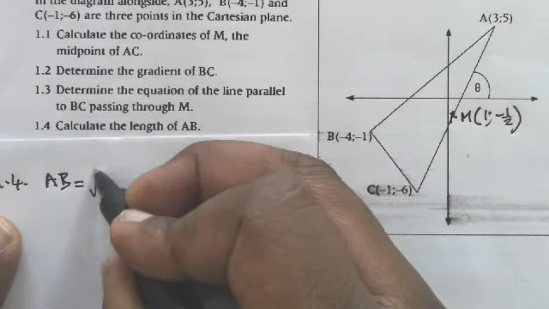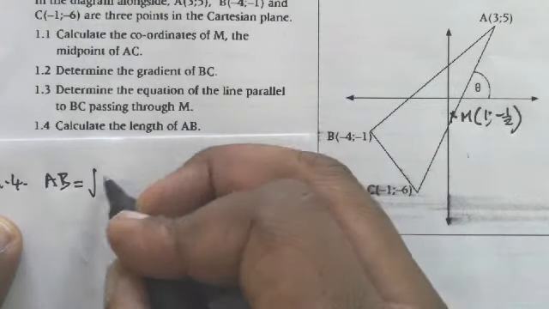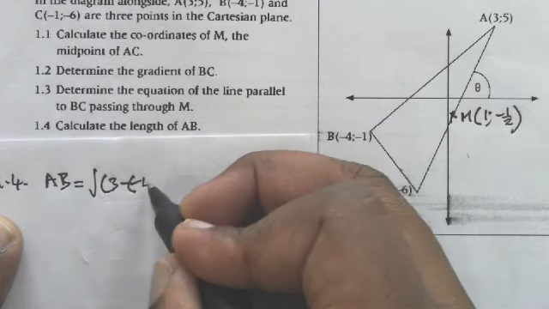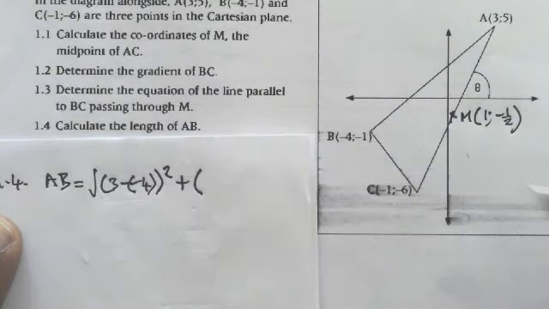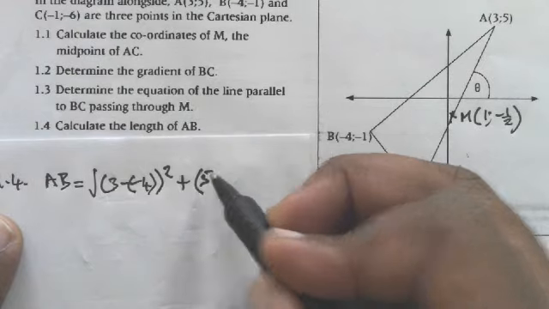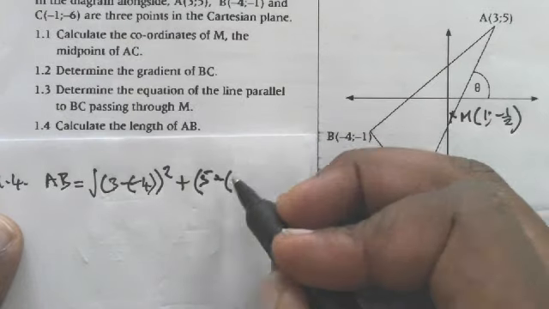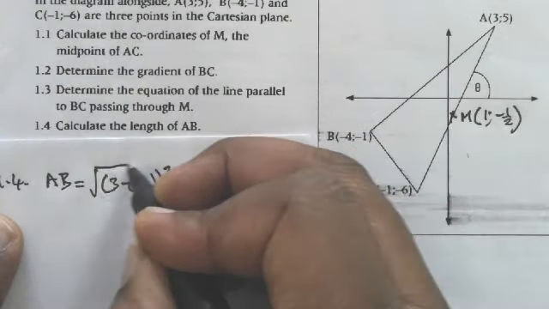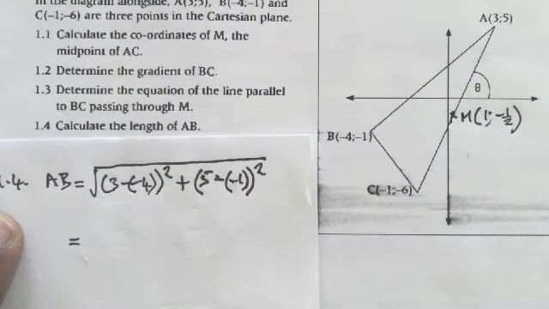You don't know the coordinates. Right, so that's the square root of, remember it's x1 minus x2, so x1 we can take 3 minus x2, which is negative 4 there. Square that plus y1, I'm going to take 5 there, minus y2, that's a negative 1 there, and then I'm going to square that whole thing, and that whole thing is under a square root.